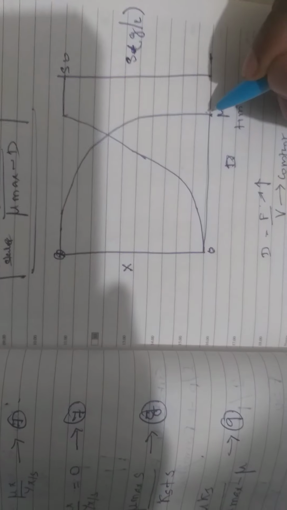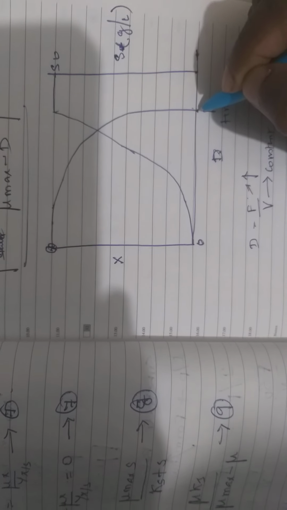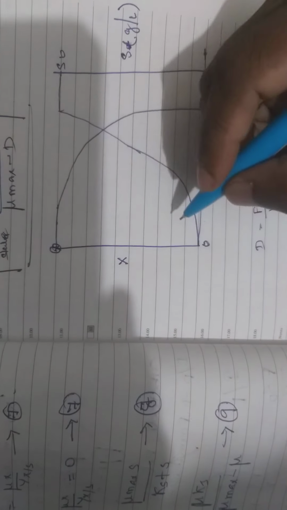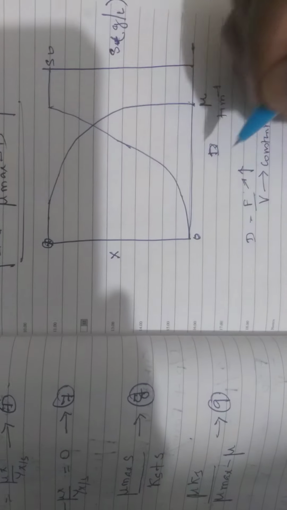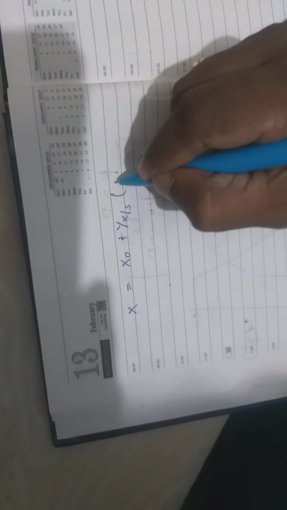Okay, so to avoid this point of washout period, it should be operated with DX. That means we know X is the biomass concentration, that can be mentioned as X is equal to X0 plus Y X by S of S0 minus S. We take this as equation number 11.